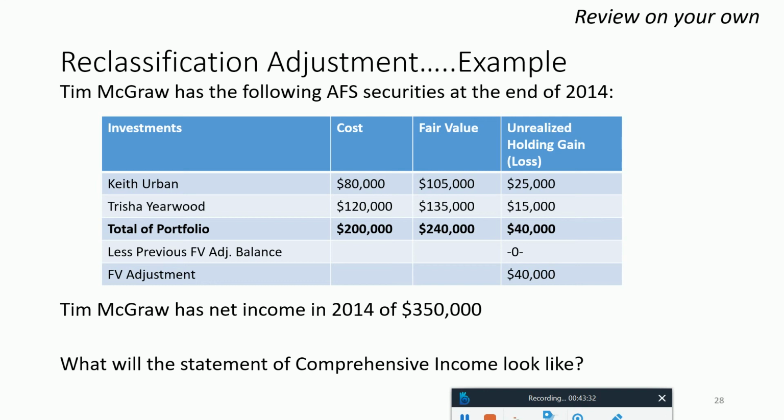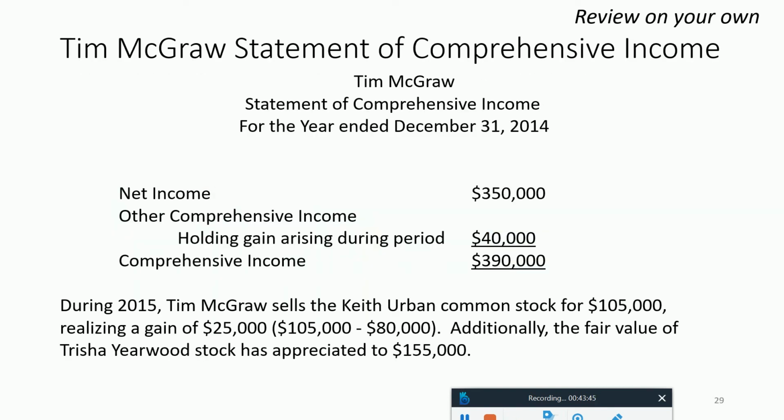So as a result, we have an unrealized holding gain of $40,000. So the statement of comprehensive income for 2014 is going to look like net income of $350,000, and then other comprehensive income, the holding gain of $40,000, gives us total comprehensive income of $390,000.